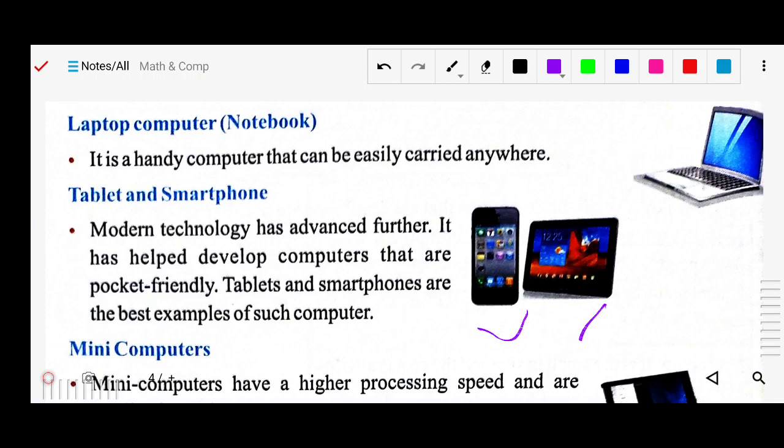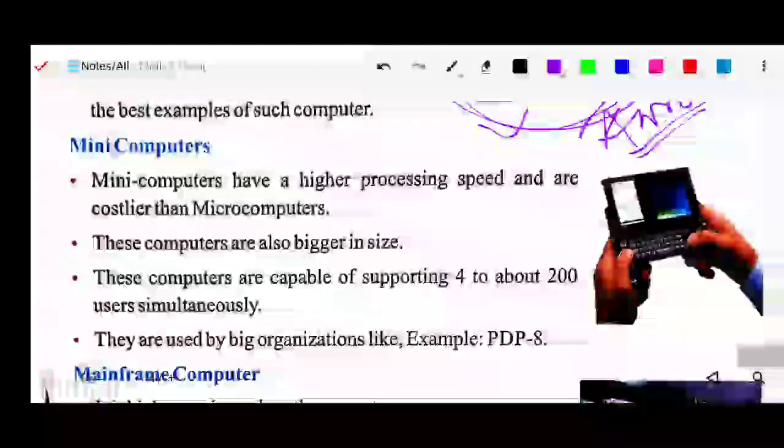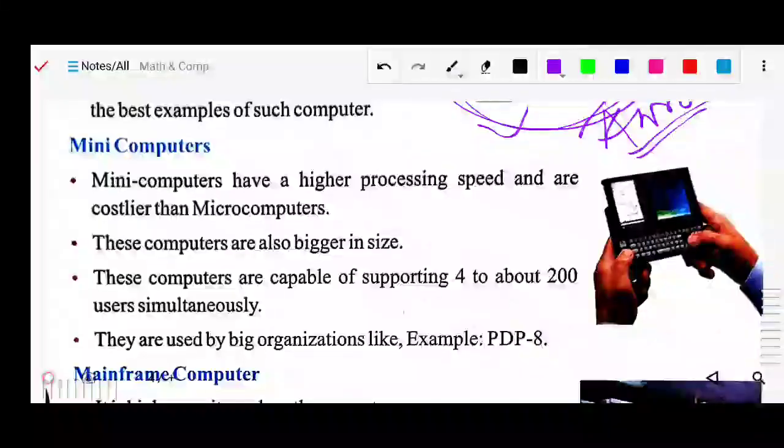Mini computers are there, meaning its size is very small. In this mobile phone, which operating system is used? Android. Okay, Android is used.